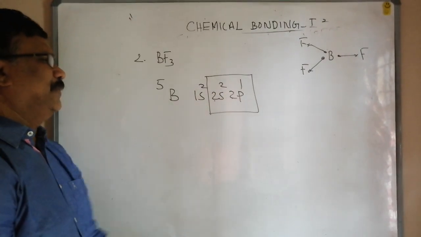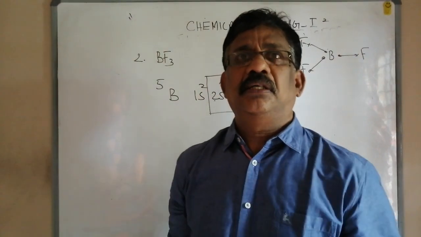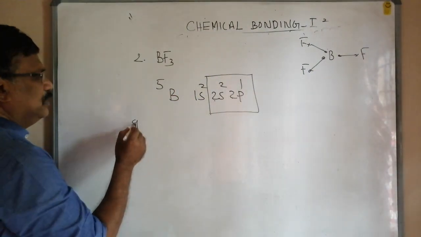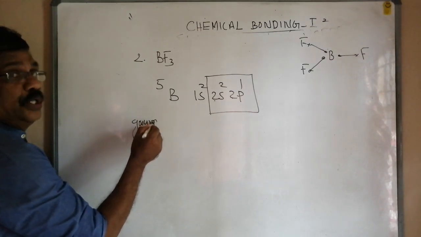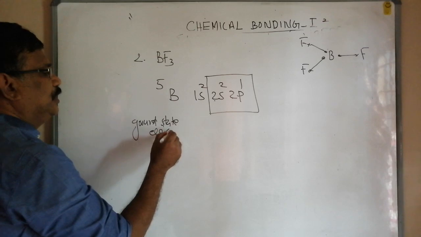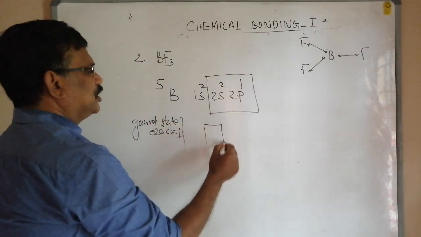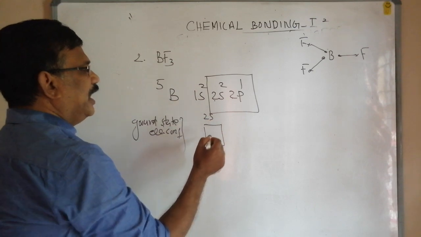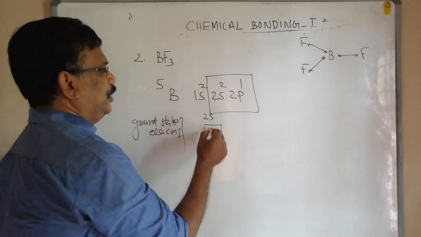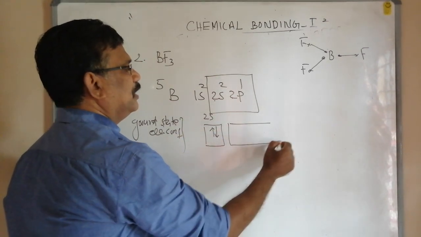So 3 electrons. This electronic configuration is called the ground state electronic configuration. Valence is determined by the valence shell, the outermost shell. 2s2 is a paired orbital, and 2p1.